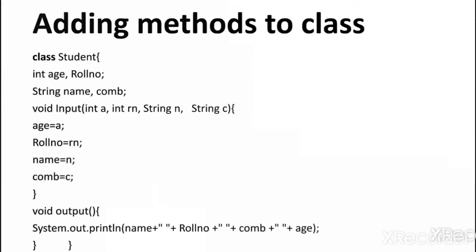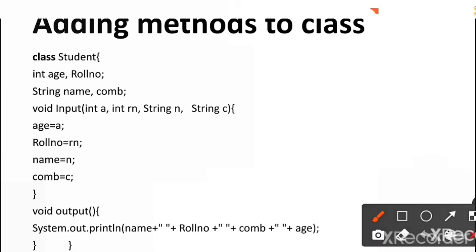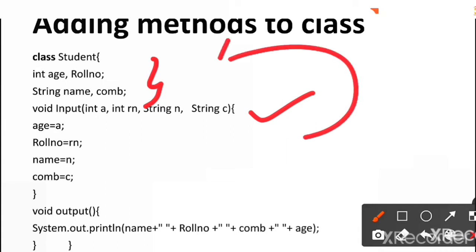Next, adding methods to a class. Method declaration in Java is similar to function declaration in C language. After declaring the variables to a class, then you will define methods which operate on these variables.